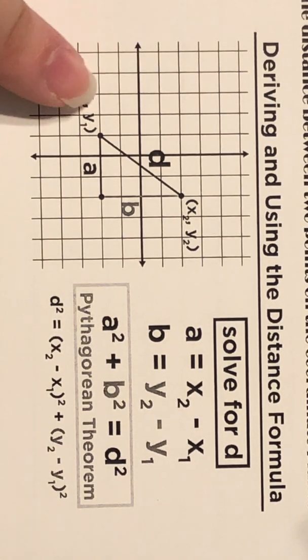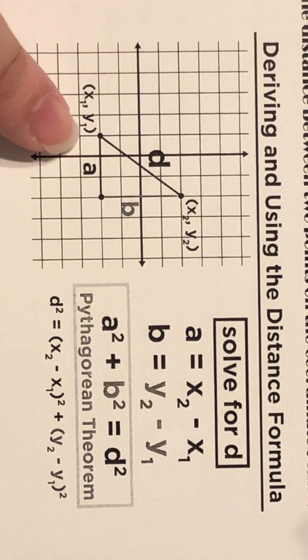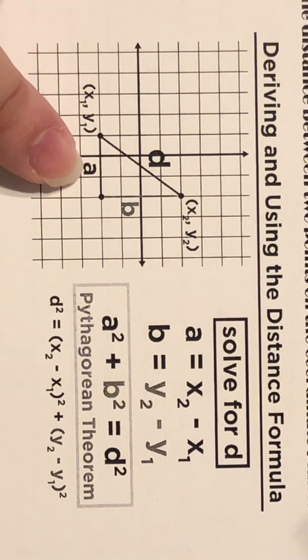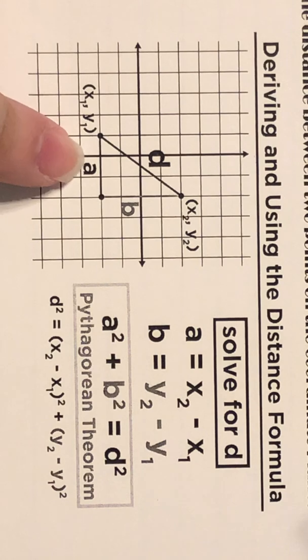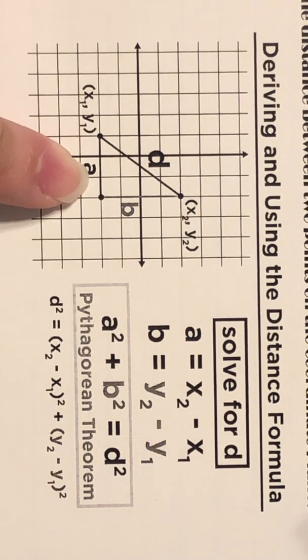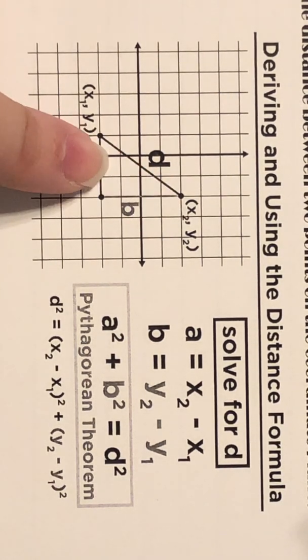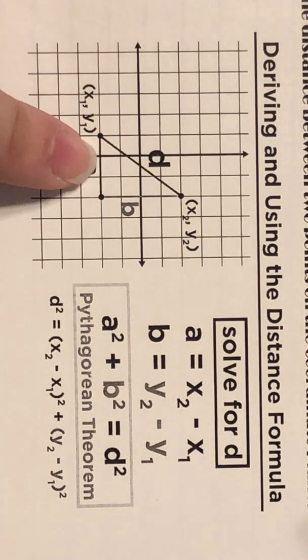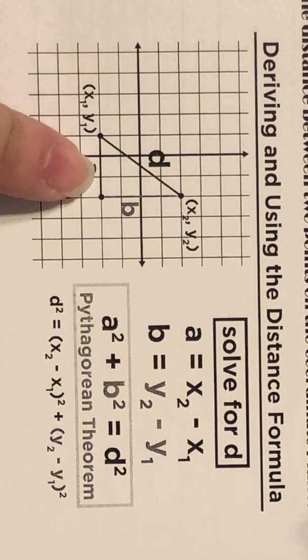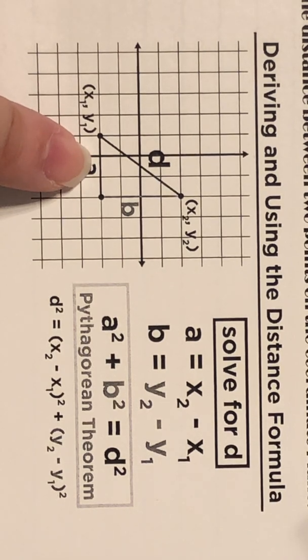So I can solve for d, right? So a, because that's my run, and that's my x values, I can take where x2 is and subtract it from where x1 is, and that gives me the distance for a.